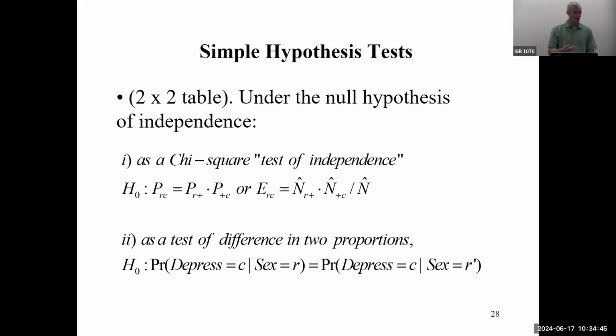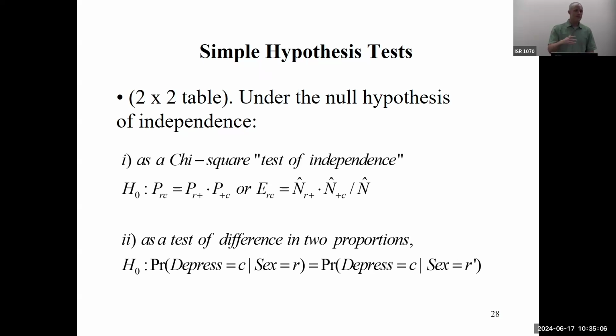That's how we define that null hypothesis of independence. If the data that we have are consistent with that equation, then it suggests that the null hypothesis holds and those two variables are independent. Another way to write it is in terms of expected counts in row R and column C. That's just rewriting the same thing.